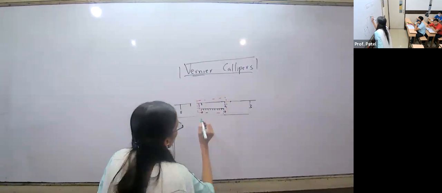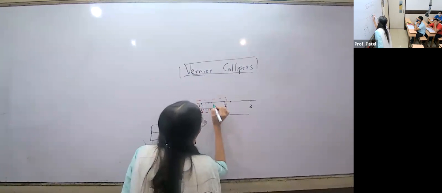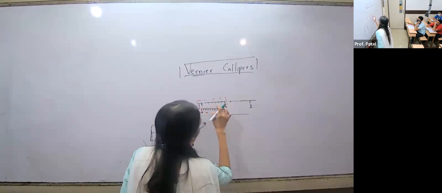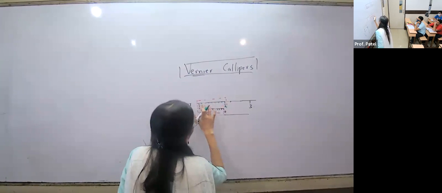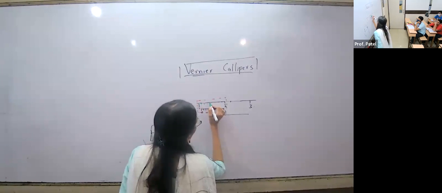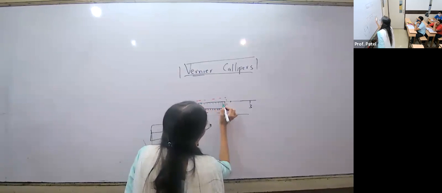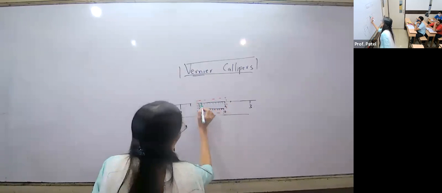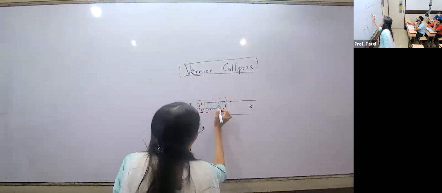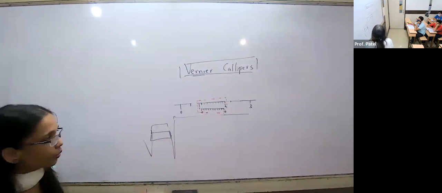So let's say 1, 2, 3, 4, 5, 6, 7, 8, and are they 10? Just check. 1, 2, 3, 4, 5, 6, 7, 8, 9, 10. We have 10. So now please pay attention to what we are doing.